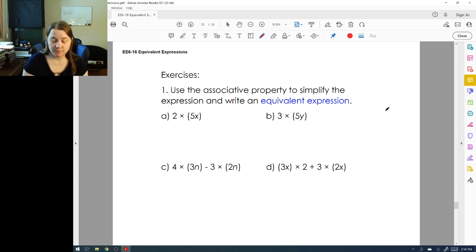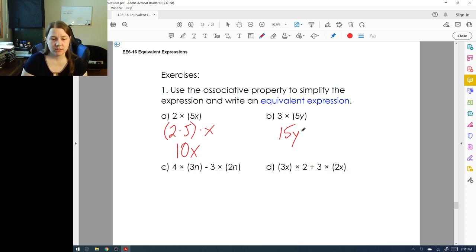So instead of multiplying 2 times 5x, we could multiply 2 times 5 first and then times x, because 2 times 5 is 10, and that 10 times x is just 10x. So multiplying 3 times 5 would get us 15 multiplied times y.